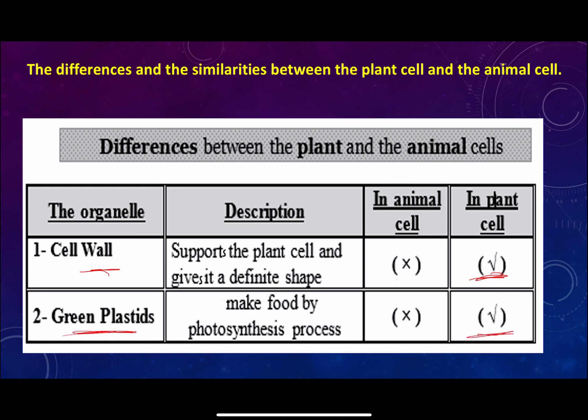Why doesn't the animal cell have these two organelles?